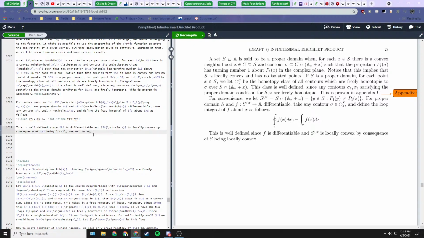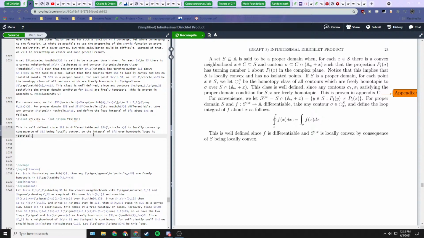So the integral of f over homotopic loops is identical. Extending this to the case of freely homotopic loops is a matter of base change.